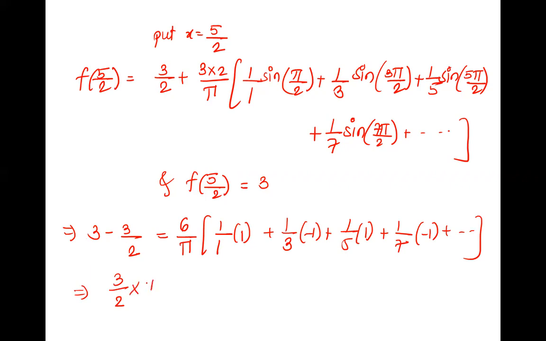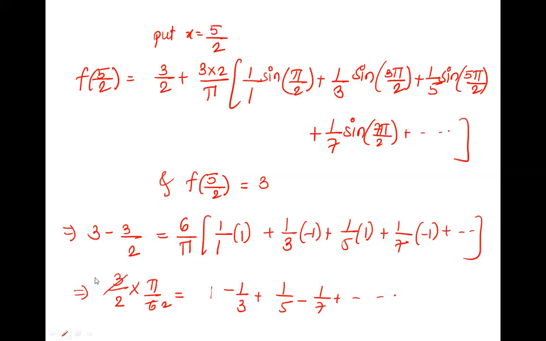It gets multiplied here, so pi by 6 into 3 by 2 is pi by 4. So pi by 4 is 1 minus 1 by 3 plus 1 by 5 minus 1 by 7 plus and so on, as required. This is the answer.